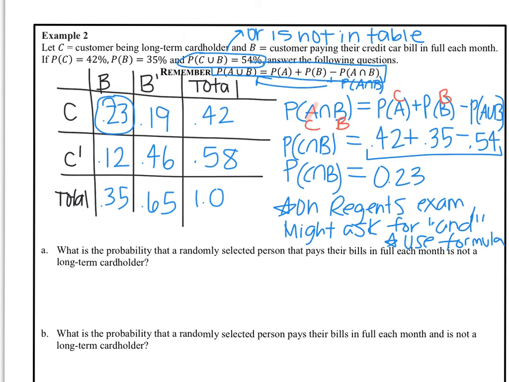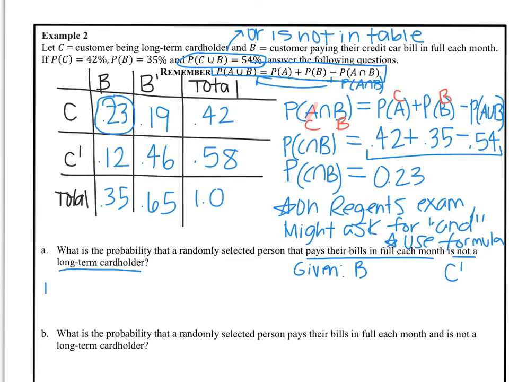So what is the probability that a randomly selected person that pays their bill in full each month, so that is B, is not a long-term card holder? Not a long-term card holder would be C prime.